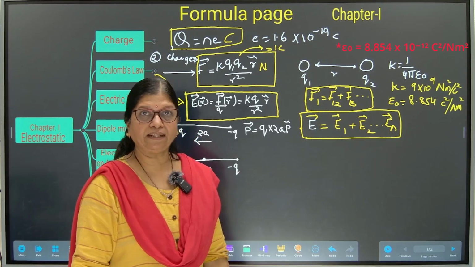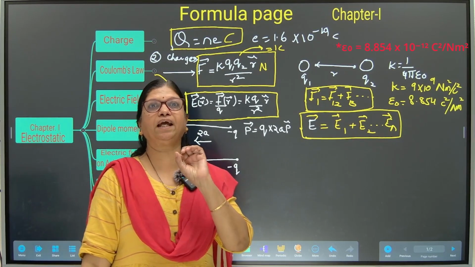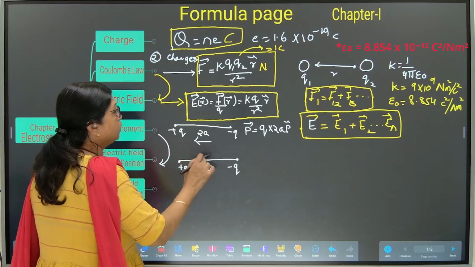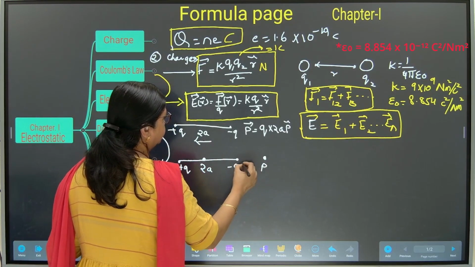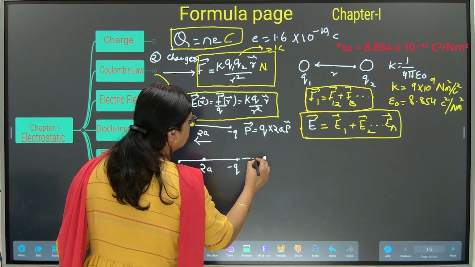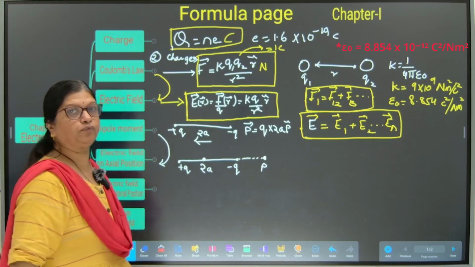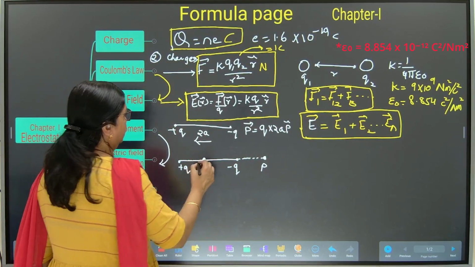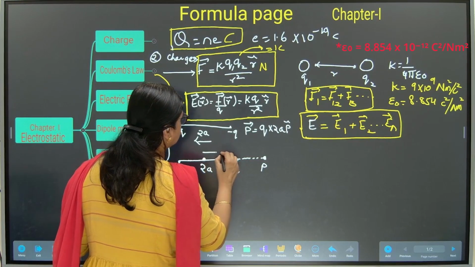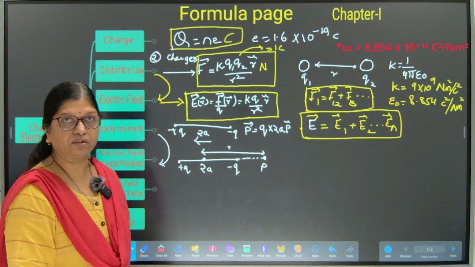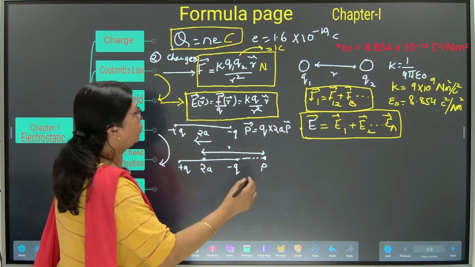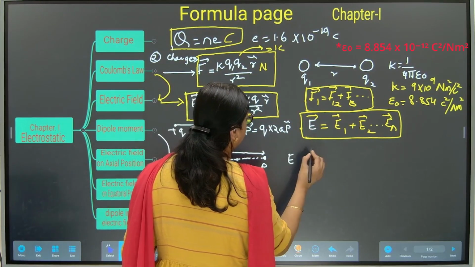So let us write down the formula for the electric field due to this dipole at a point P, which is on the axis of the dipole, and at a distance of r from the center. So what is the formula for that electric field?